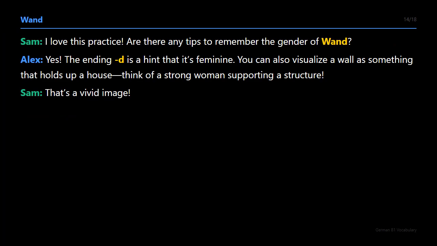Are there any tips to remember the gender of Wand? Yes. The ending is a hint that it's feminine. You can also visualize a wall as something that holds up a house. Think of a strong woman supporting a structure. That's a vivid image.